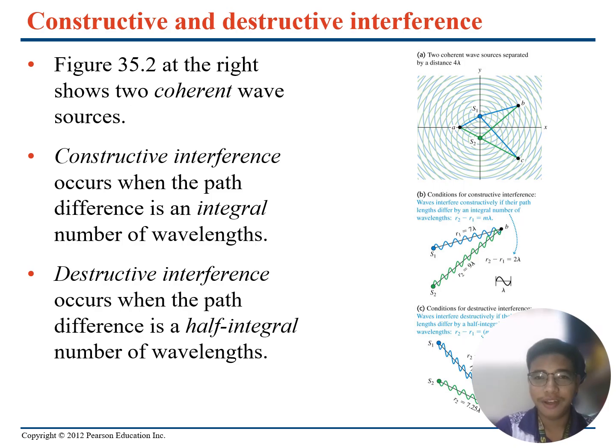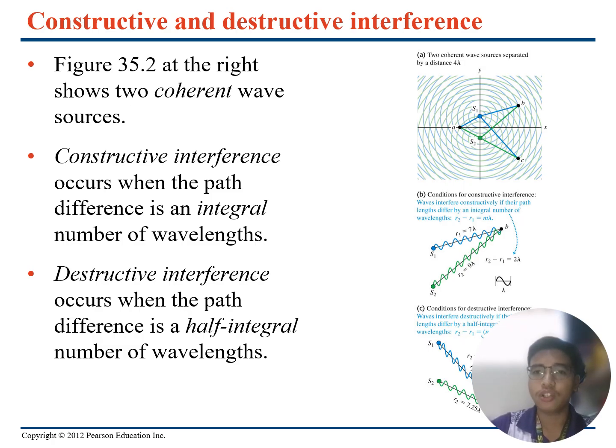As a result, their amplitudes add together, producing a larger resultant wave. Constructive interference occurs whenever the path difference between the waves is an integer multiple of the wavelength.